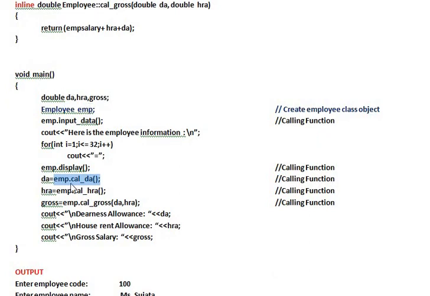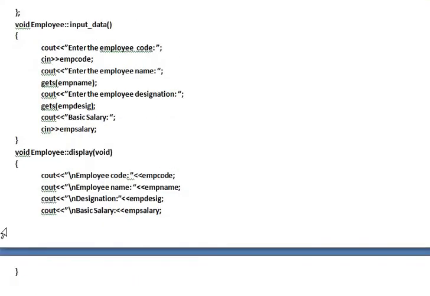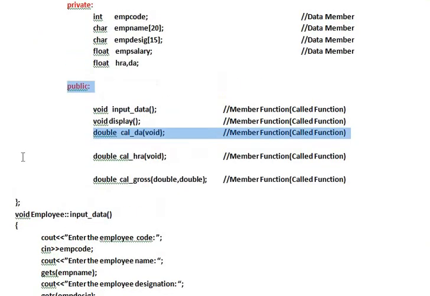Now note that this is the calling function, because the control is going to jump from here, and from here it is going to jump till here, that is the called function.